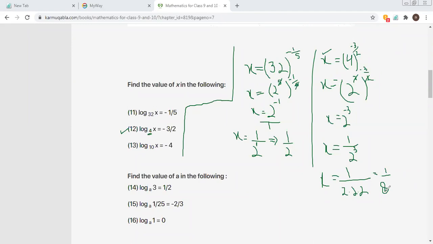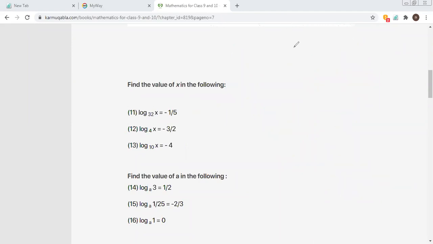Question number 13. Can you do it by yourself? Yes, miss. Okay. Question number 14. Let's see. We have log a 3 is equal to 1 upon 2. Here, first of all, convert the logarithm form into exponent form. Then, you know that in these questions one thing is unknown and you will have to find it out.